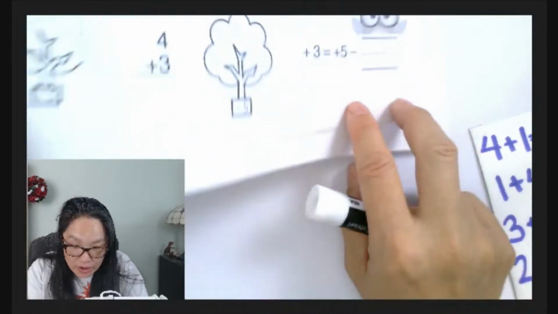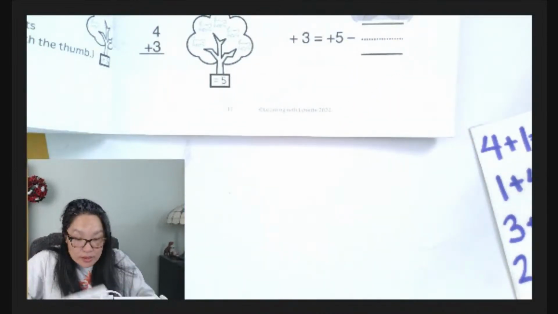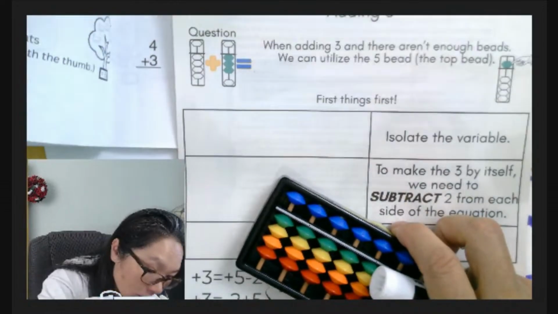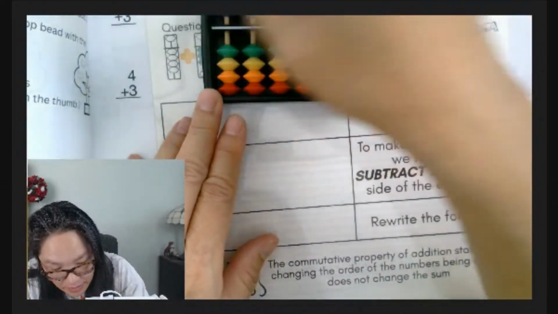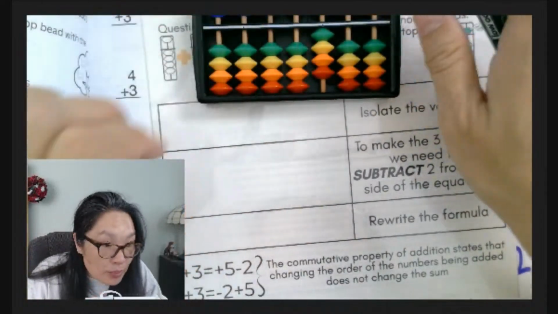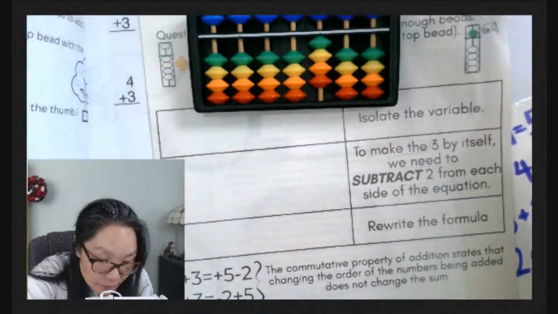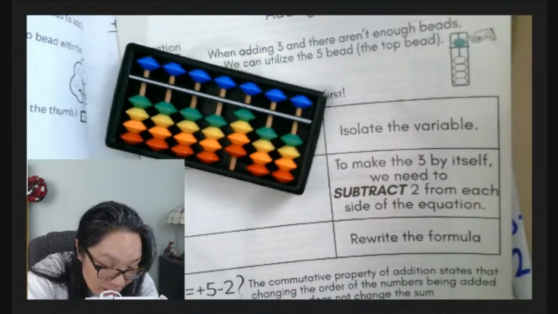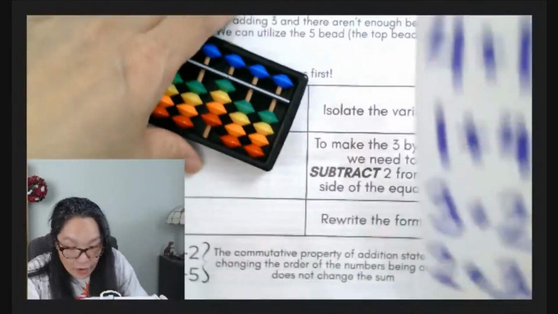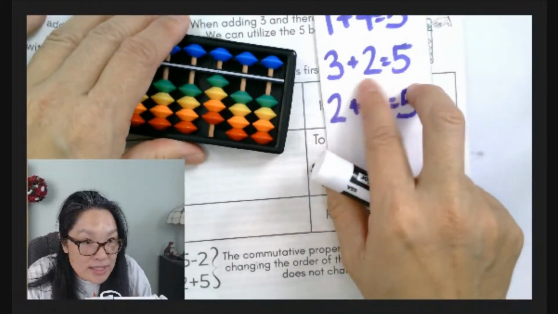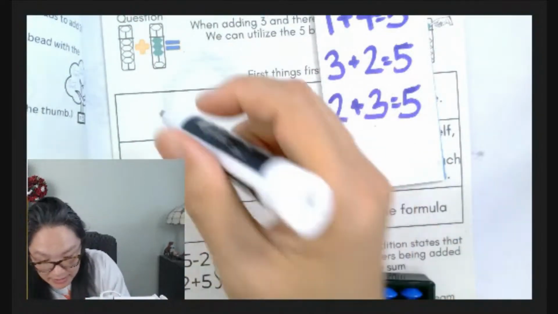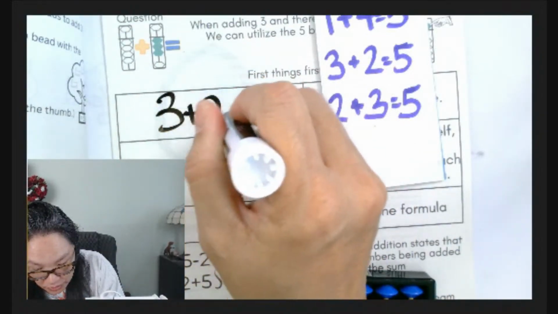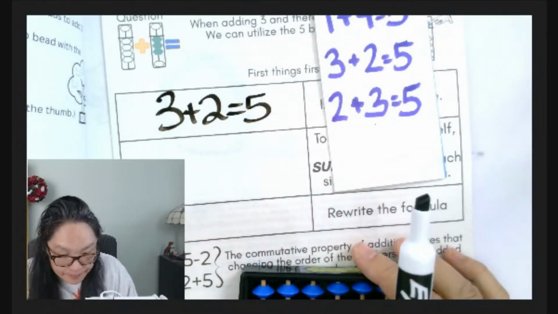So when we have our question, 4 plus 3, I have 4 on the abacus, and now I want to plus the 3. I don't have enough beads. We don't have a formula yet. What is our number sentence? Our number sentence is 3 plus 2 is equal to 5.